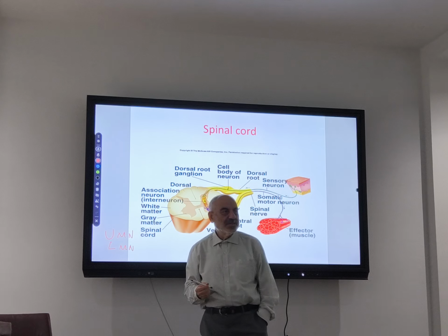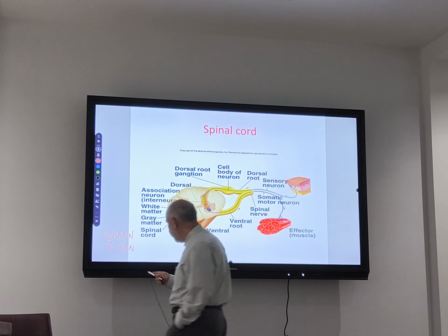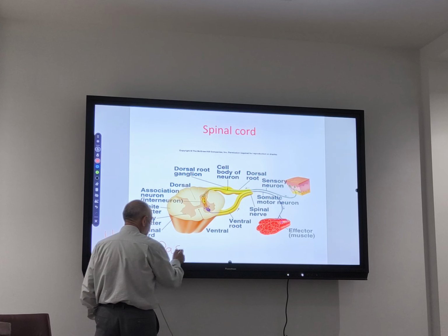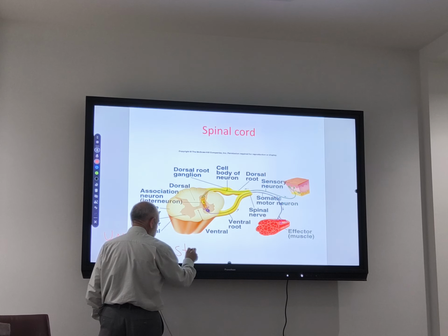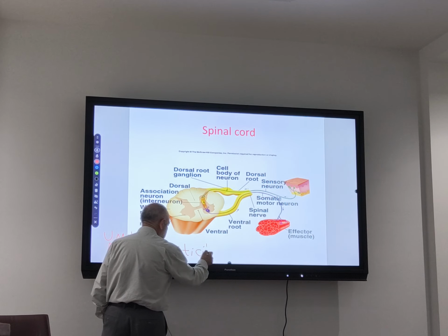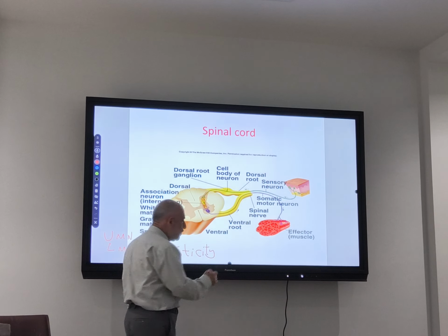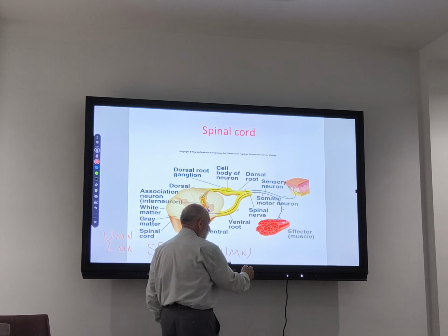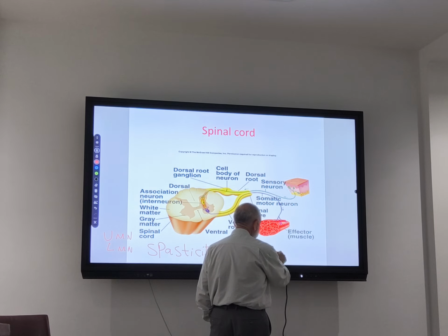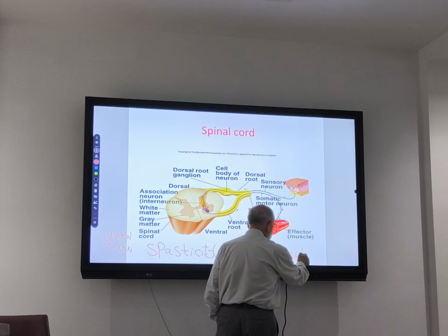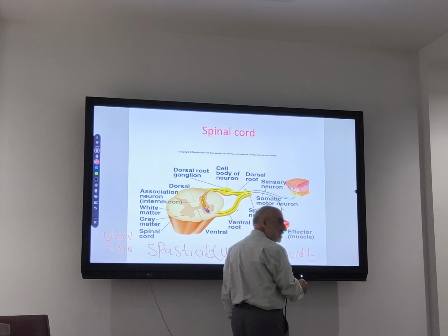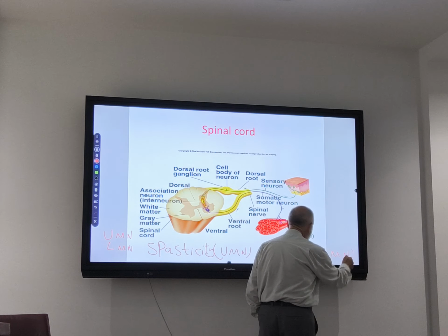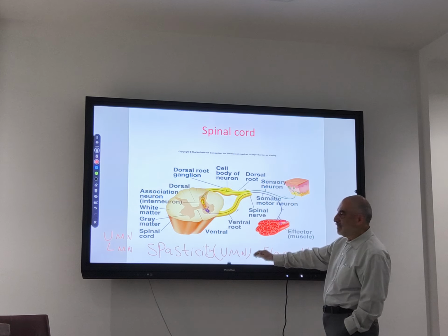Flaccidity. We have two kinds. We have spasticity, related to upper motor, means brain, and you have flaccidity, means that it is related to lower motor. Okay, so spasticity.